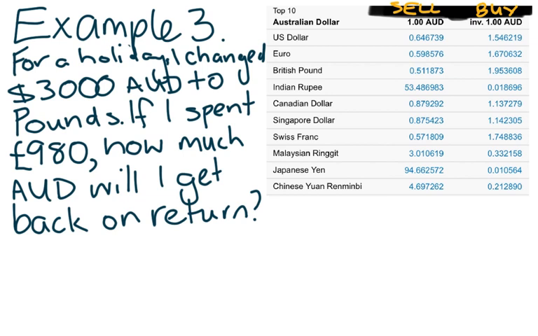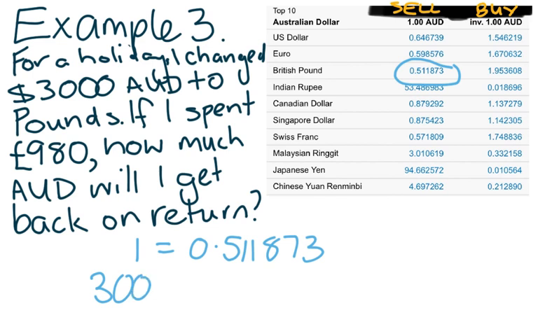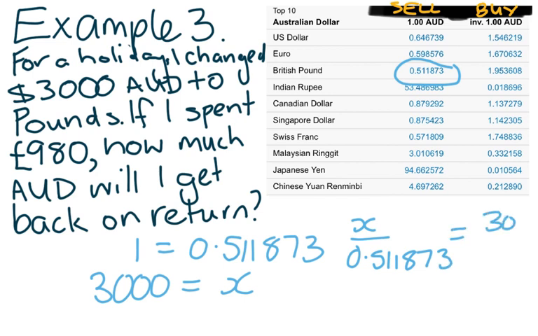So what we'll start with is working out how many pounds we got originally. We're going to do the same as what we've done before. We'll have 1 AUD equals 0.511873, and we're exchanging 3,000 for an unknown amount. So again, we're going to do X over 0.511873 equals 3,000 over 1.